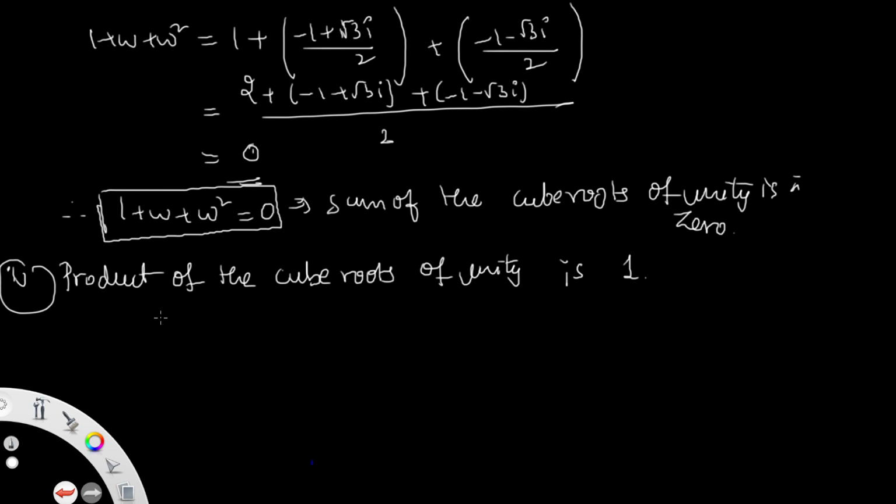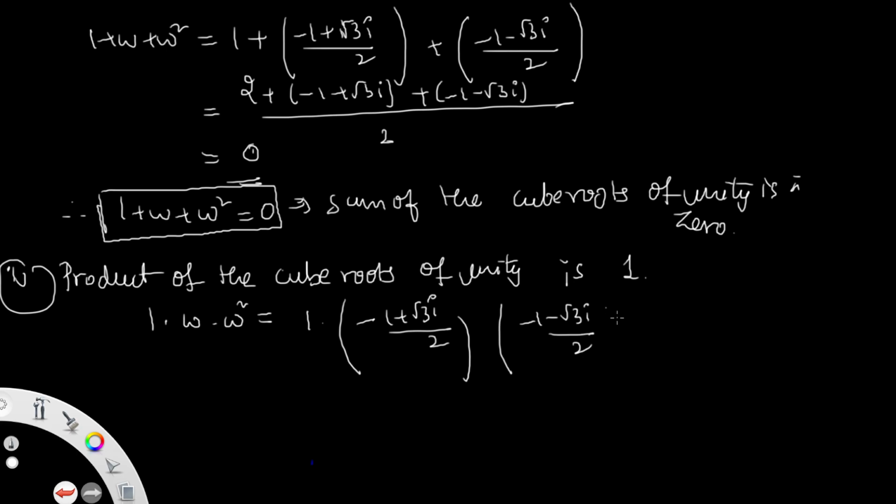That is 1 into omega into omega square. Product means multiplying all the cube roots of unity. Let us multiply each and everything. Minus 1 plus root 3i by 2 into minus 1 minus root 3i by 2. Product means total multiplication, that is 4.